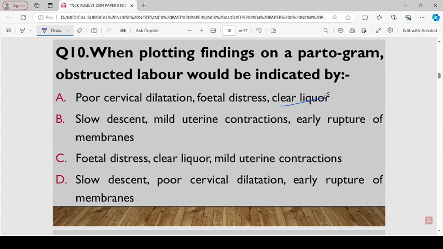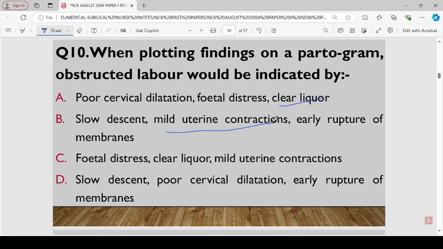Obstructed labor needs to show some color changes to suggest that the baby probably is in distress, maybe. Yes. B, we have slow descent, mild uterine contractions, and early rupture of membranes, right? So mild uterine contractions may not show obstructed labor, right?